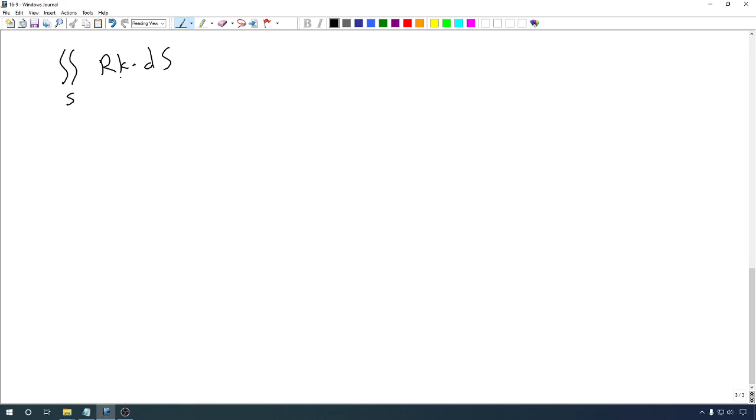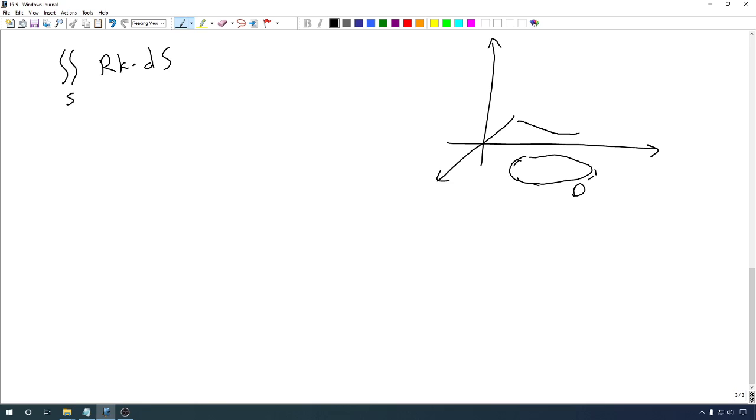Now we need to actually figure out what's happening with that surface. So keep in mind we are still looking at this as a type 1. So we have some region down here in the plane. This is our D. Above that, we have two surfaces.